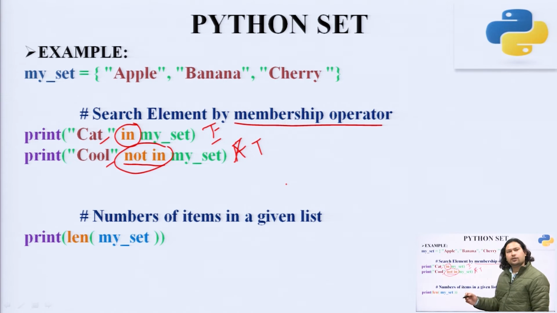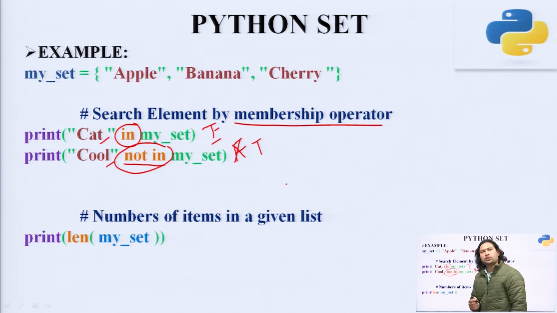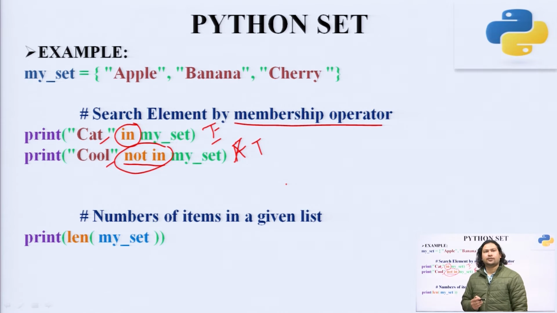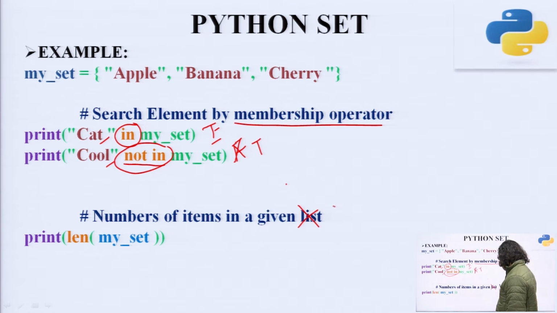Next thing is, when we are trying to see the number of elements lying under a given set, here it must be the set. When we are finding the number of items or elements under the variable my set, you can directly use the len function.